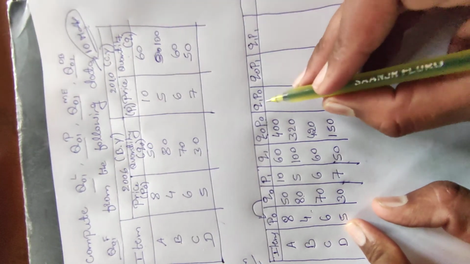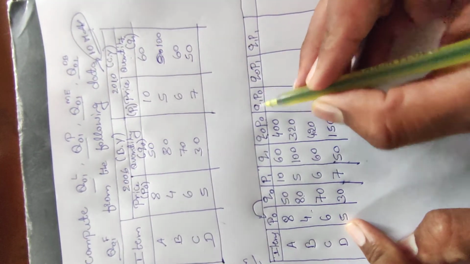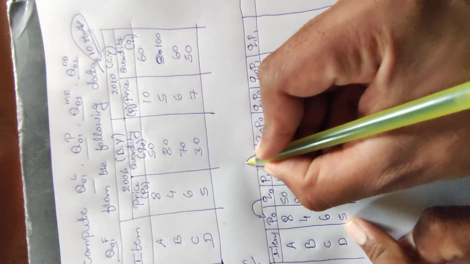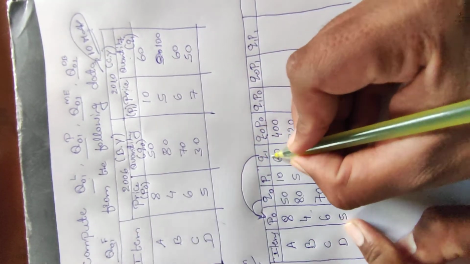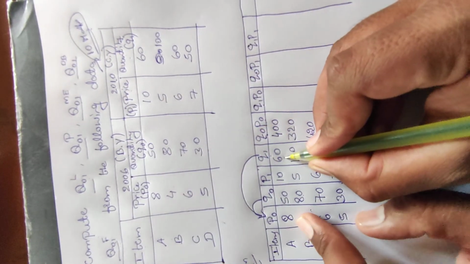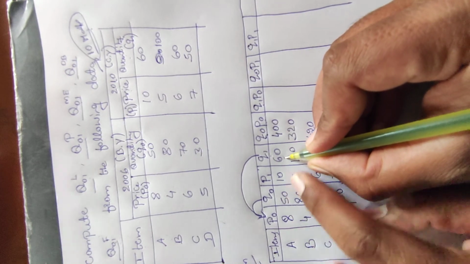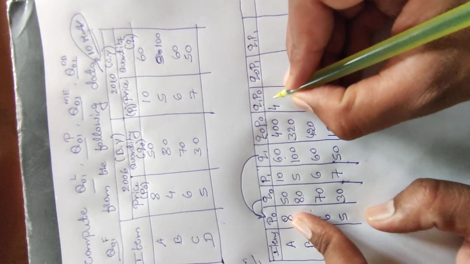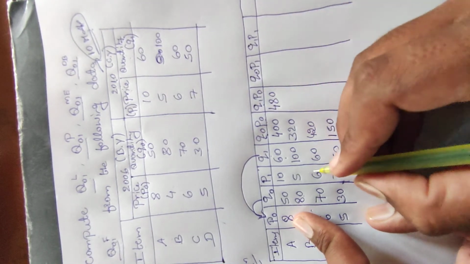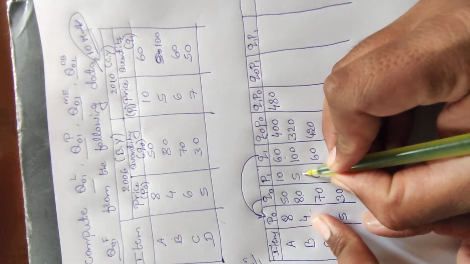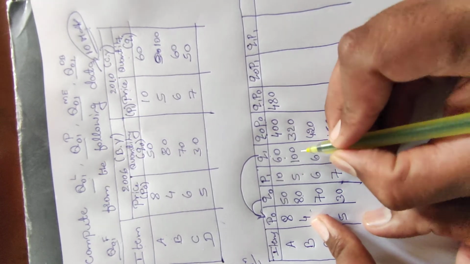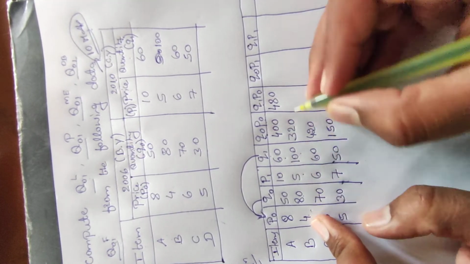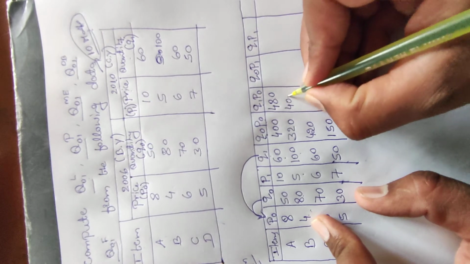Next, we multiply Q1 into P0. 60 into 8, we get 480. Next, 100 into 4, we get 400.